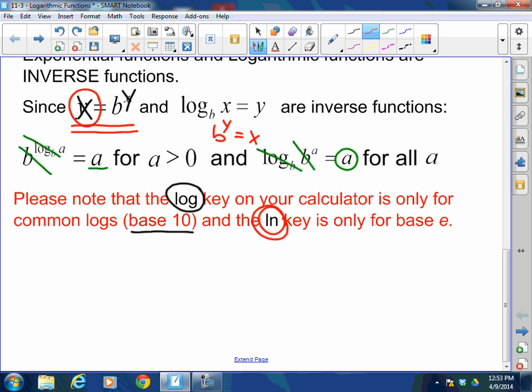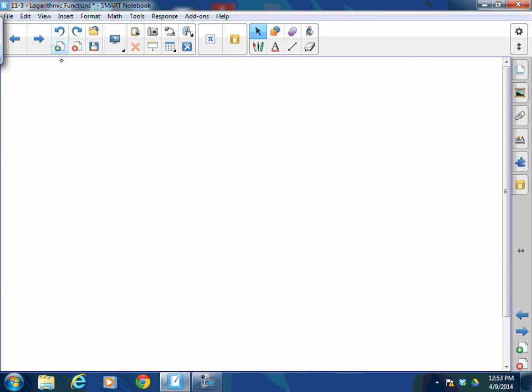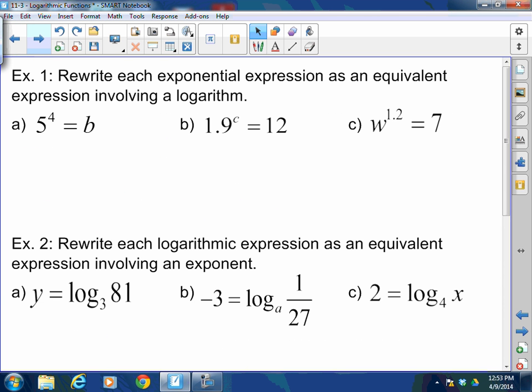Okay? Now, let's start working with some of this stuff. Let's first start by rewriting each exponential expression as an equivalent expression using a logarithm. Okay. What's the base here?